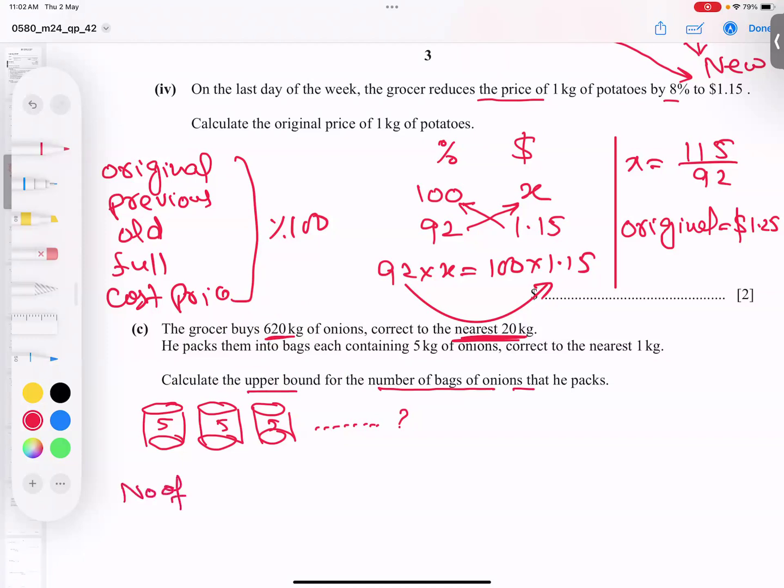The basic formula: the number of bags is the total mass divided by the bag's mass. So this is the basic formula.